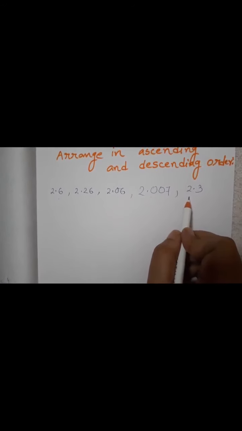When you want to arrange these in ascending or descending order, the first thing you have to do is convert all decimal numbers into like decimals.